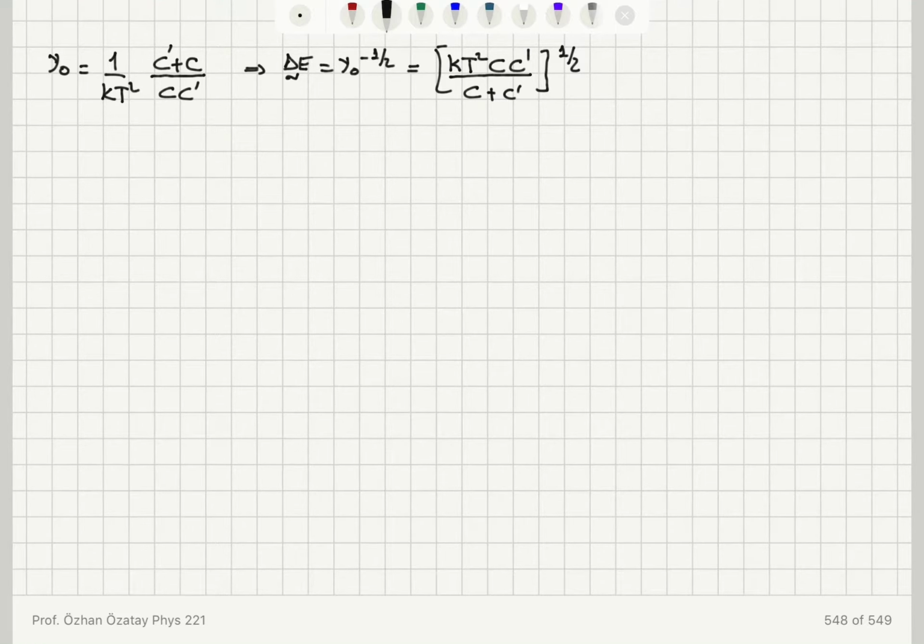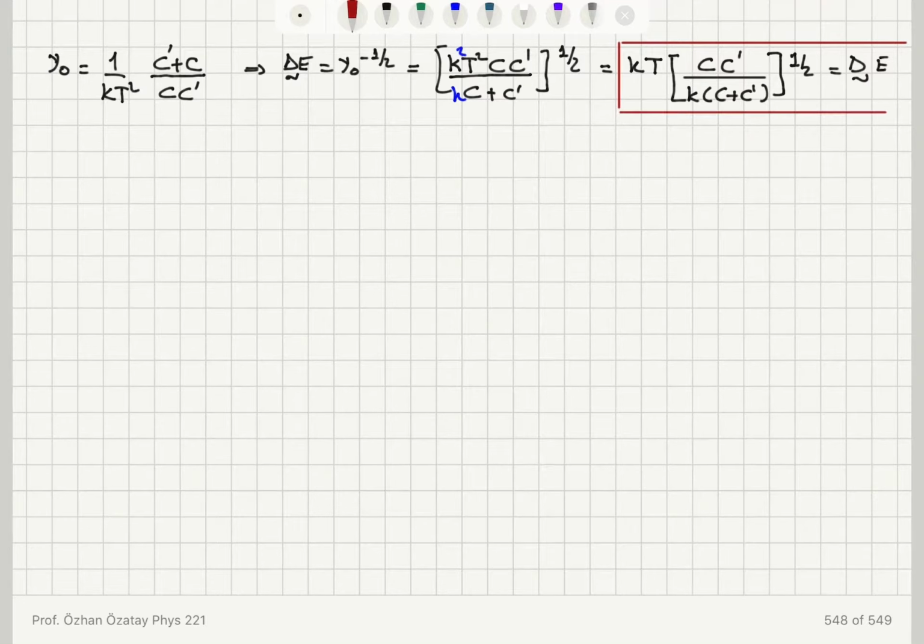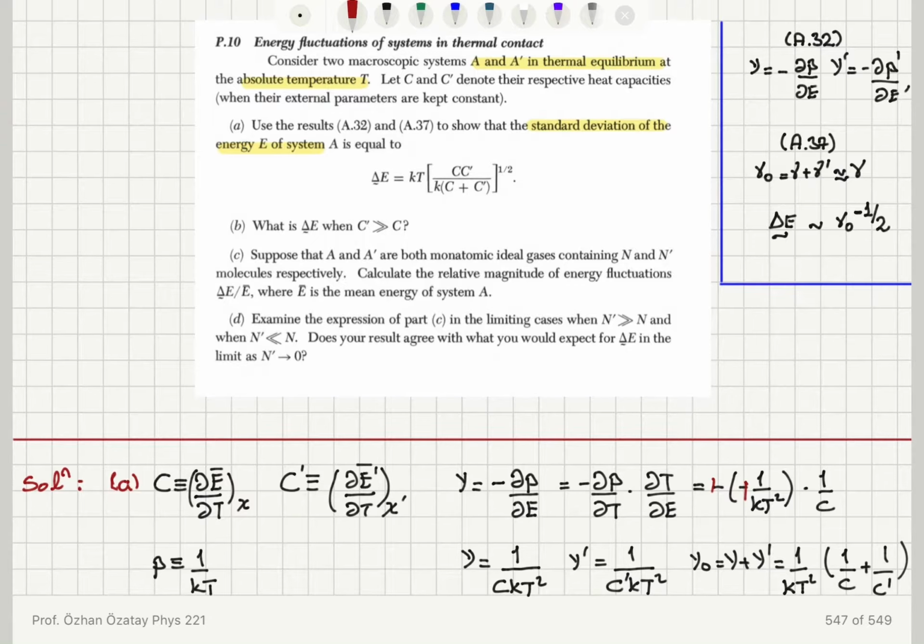If I multiply top and bottom with k, I would have kT coming out of this equation. So kT times the square root of C C prime divided by k(C plus C prime). This is the magnitude of energy fluctuations. Okay, so that's the answer I obtained, which is the suggested expression in part A.